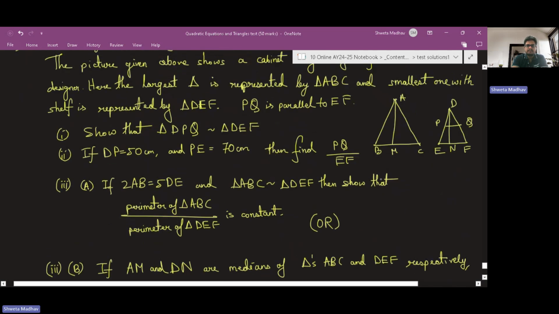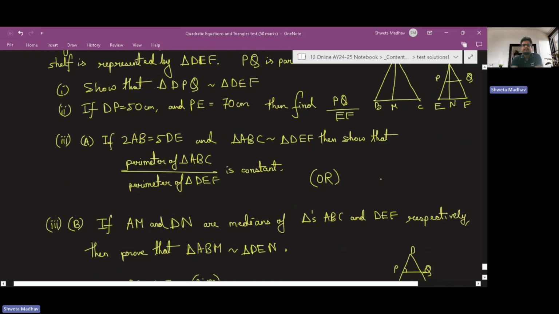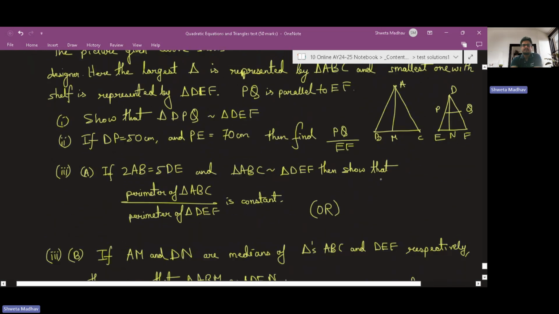Then it is told, if DP is equal to 50 and PE is equal to 70, find PQ by EF.